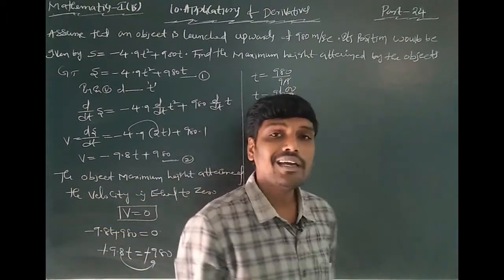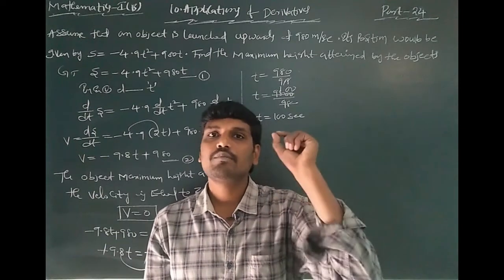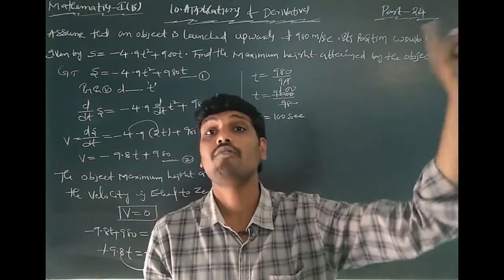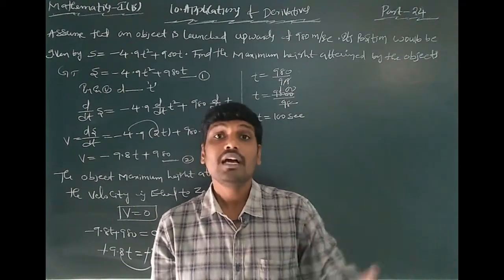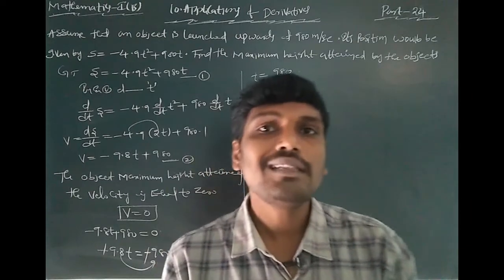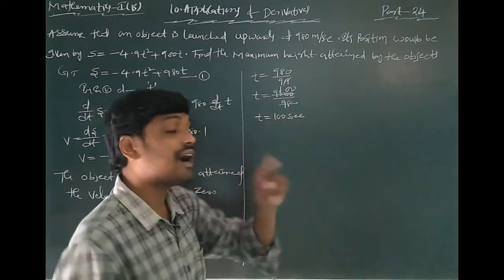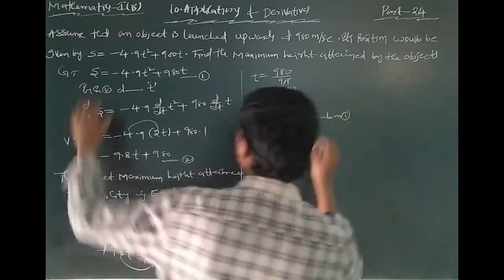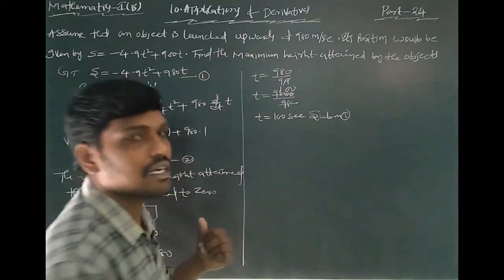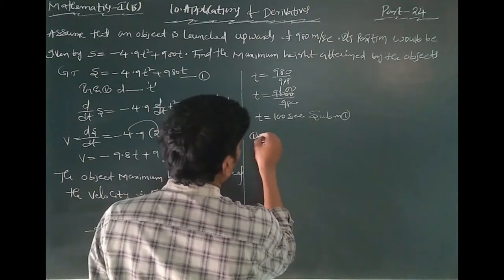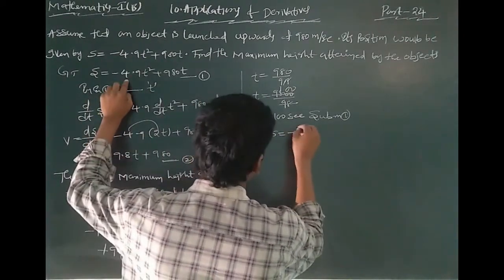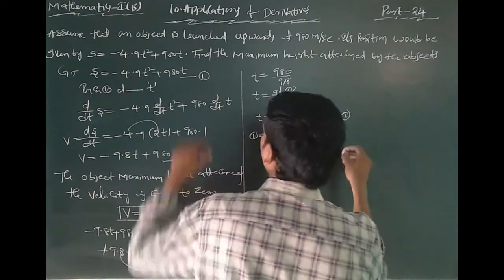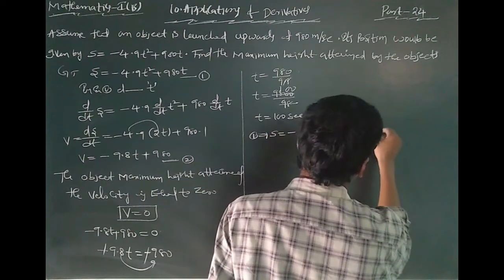Time is correct. Here, when the object attains maximum height, that time velocity is 0. What is the time at this maximum height? Time is 100 seconds. This 100 seconds substituted in equation 1, you get the distance, that is displacement. s is equal to minus 4.9 into t value 100 square plus 980 into t value 100.